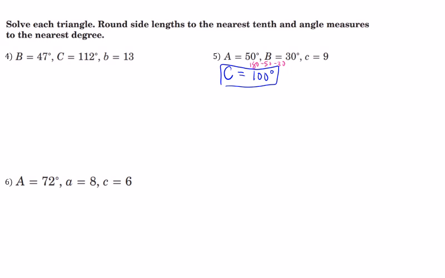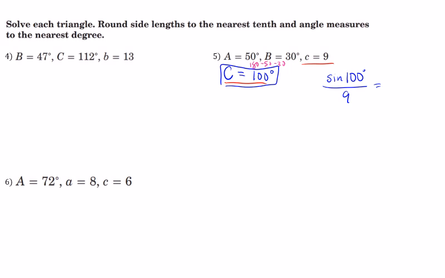So we found one part of our triangle, and not only that, but now we're set up to use the law of sines. The law of sines says sine of an angle, let's use 100 here, over its opposite side, so I'm matching angle C with side C, equals... now I can use either angle A or B to find side A or B respectively.